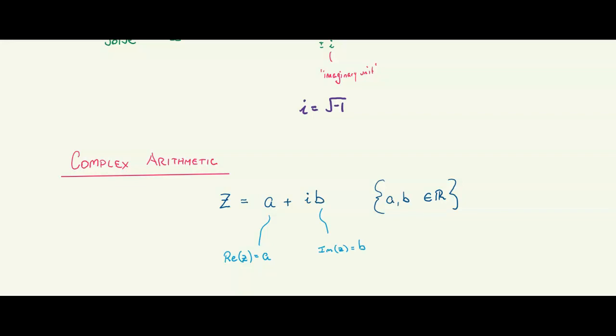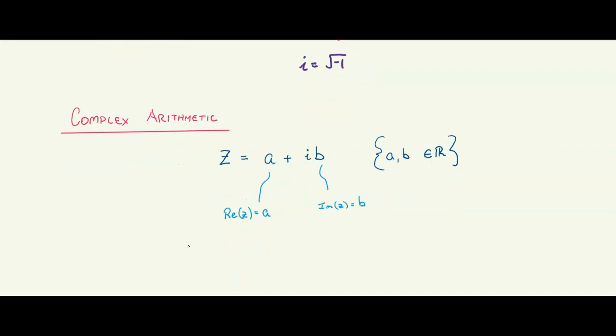Now, let's say my real part of z is equal to 0, then we say that z is purely imaginary. There's no real part to it at all.